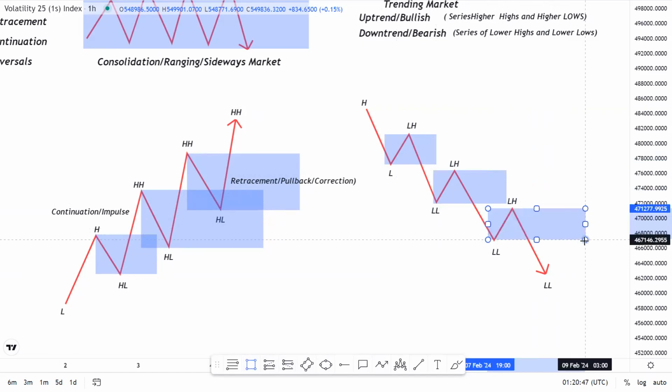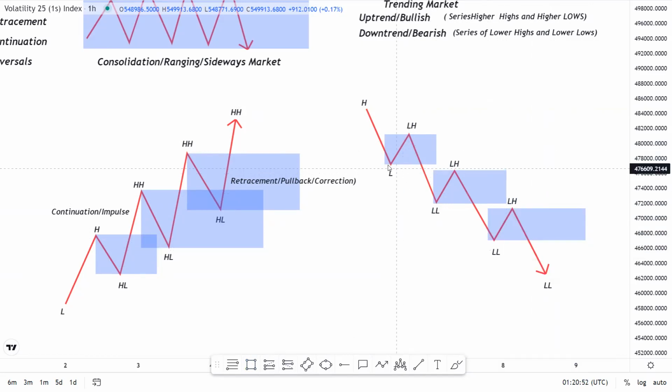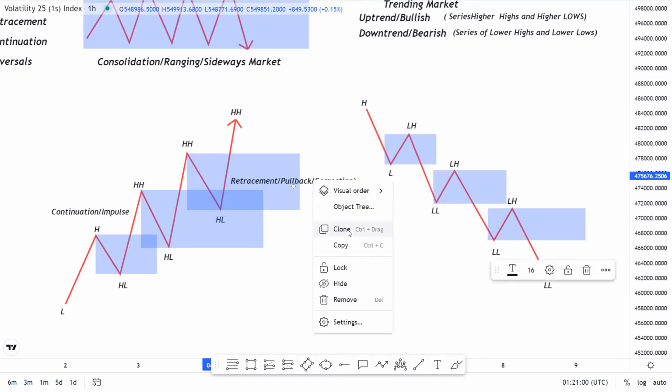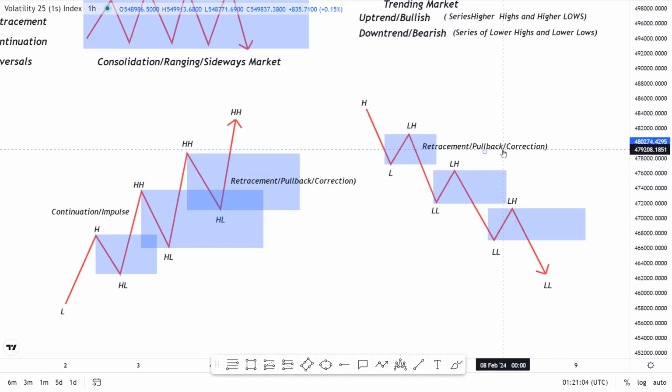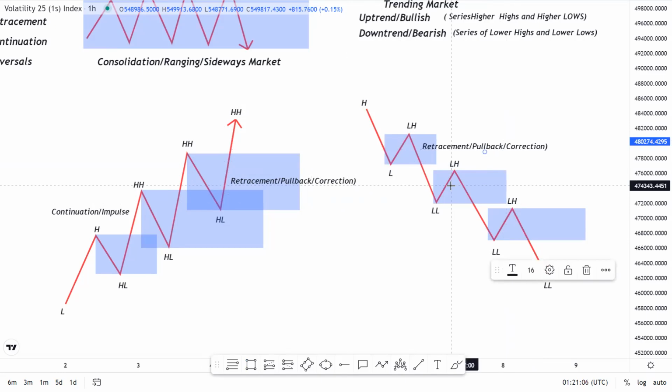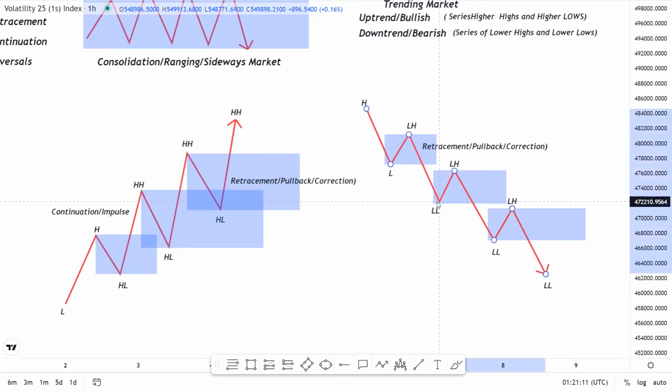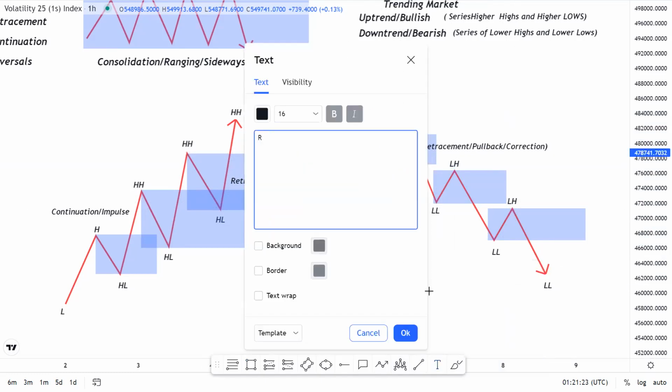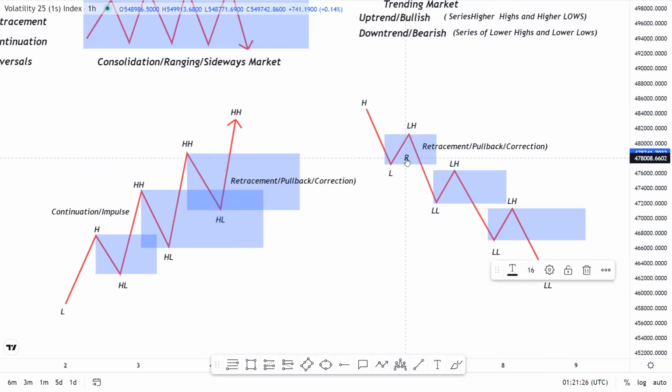So I have the buy move right here. So every one of the short-term buys in a downtrending market presents us our retracements, our pullbacks, or our corrective moves. And then usually after the retracements comes the continuation. So RO here stands for retracement.